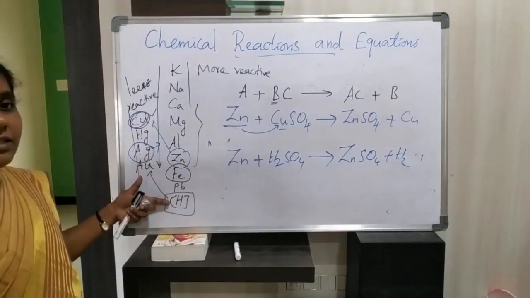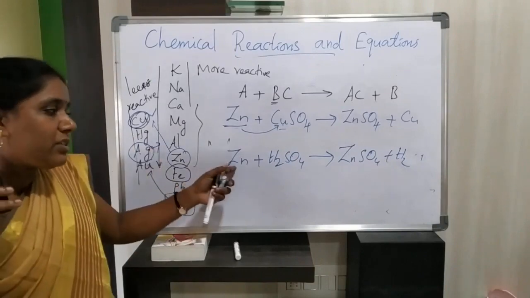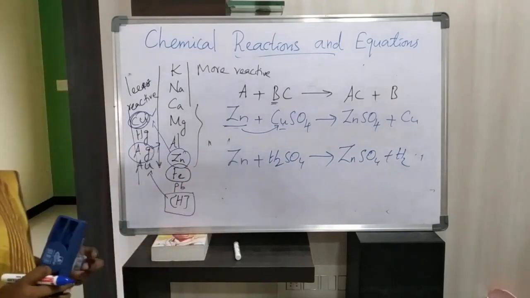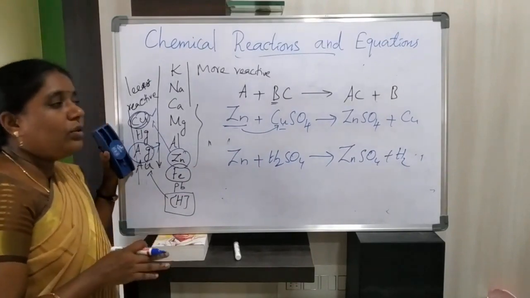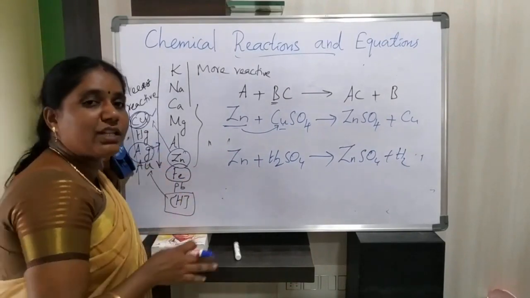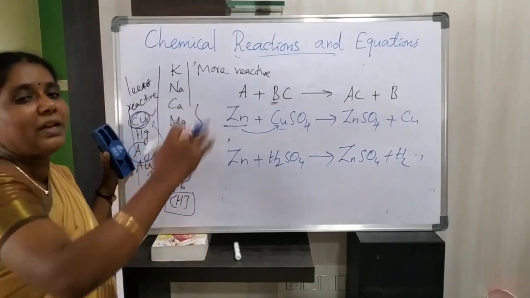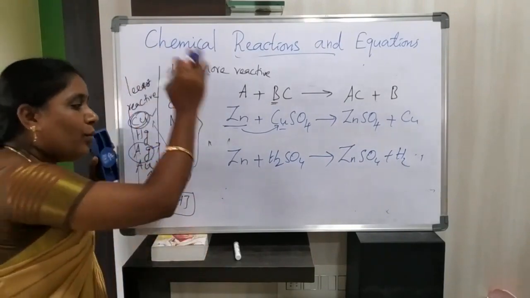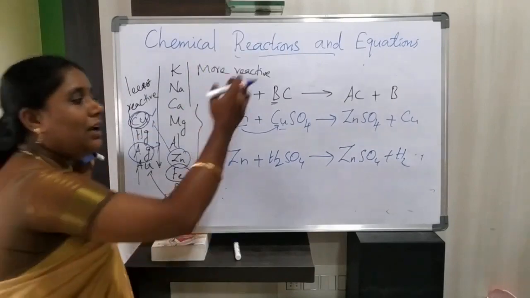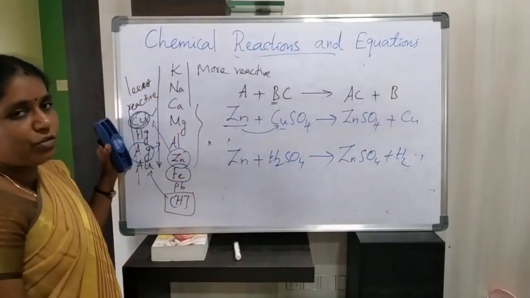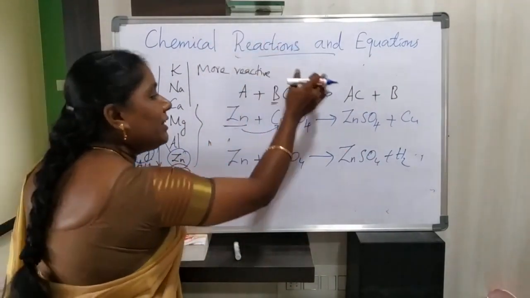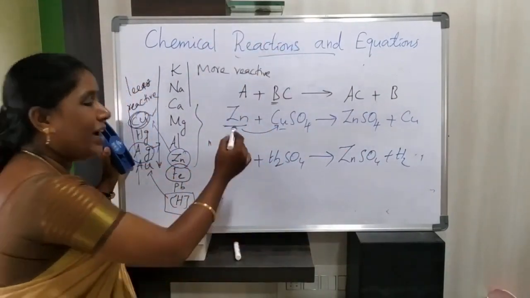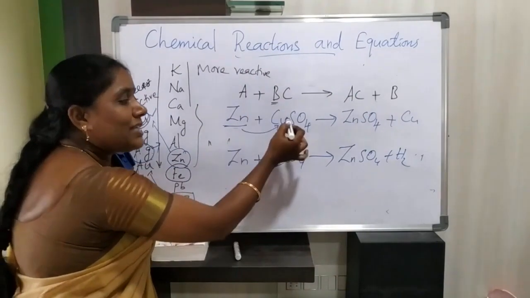Hydrogen is less reactive than zinc, so zinc can displace hydrogen. So these types of chemical reactions are called displacement reactions. That means a more reactive element displaces a less reactive element from its salt solution. That means one element takes the place of another element.